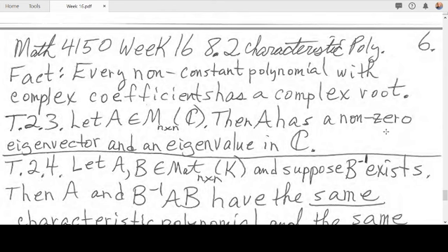This is the fundamental theorem of algebra, the fundamental theorem of college algebra. All right, Theorem 2.3. When A is a square matrix over the complex numbers, then A has a non-zero eigenvector corresponding to an eigenvalue in the complex numbers.